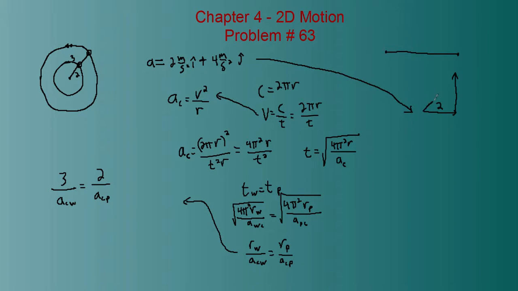So the actual acceleration a is the square root of 2 squared plus 4 squared, which equals 4.47 meters per second squared. And that's at an angle. We'll use this angle here.